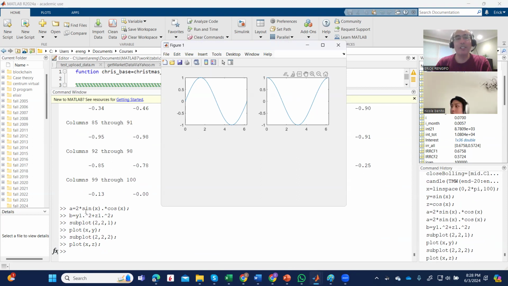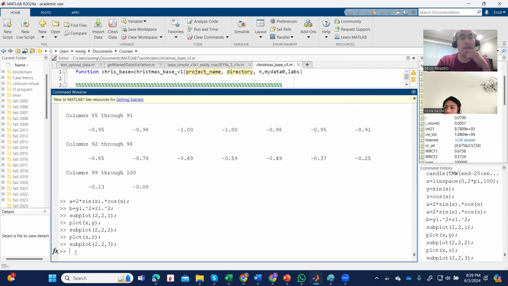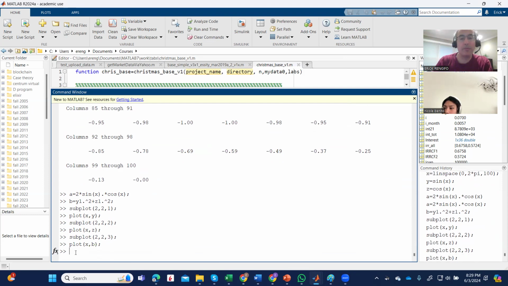Make sense? And then we continue doing that. So the other one is going to be a subplot 3. So we go 1, 2, 3. It is horizontally, then down. I want this to be, what was that? B. x with b. It is here.